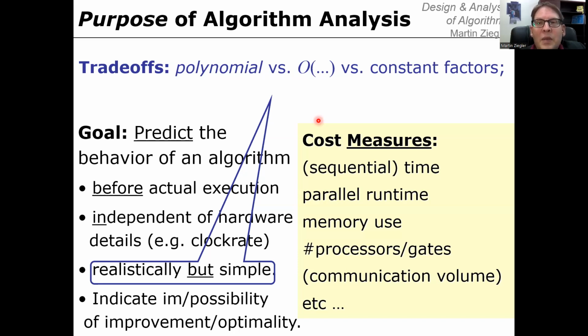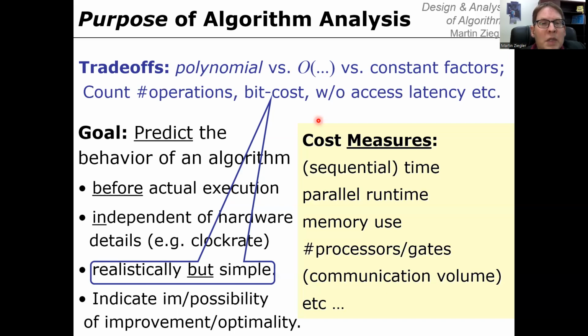And even within cubic or linear time, an even more refined analysis may exhibit the constant factors that we ignore for simplicity in the big O notation. So here we have a trade-off between realism and simplicity, and that also applies to the cost measures.